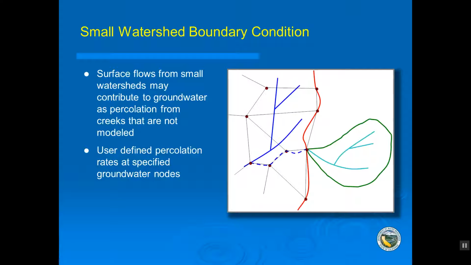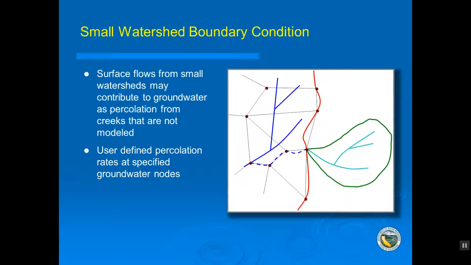So IWFM gives you the option to actually simulate this as a stream with the methods that we have seen yesterday. Or you can say, well, this is just not that important to me. I don't want to deal with this. You can just say, okay, any water that is coming out of the small watershed as surface flow will travel through these groundwater nodes, and as it is going through these nodes, it's going to lose up to a certain amount of water as percolation down to the groundwater.